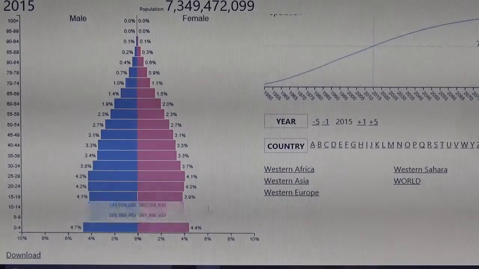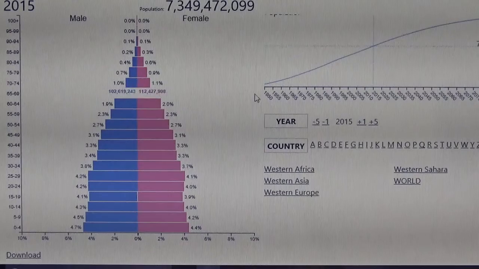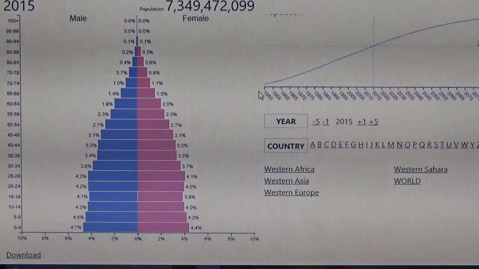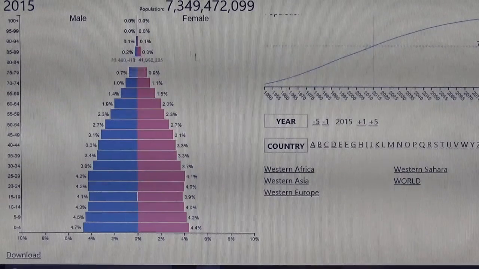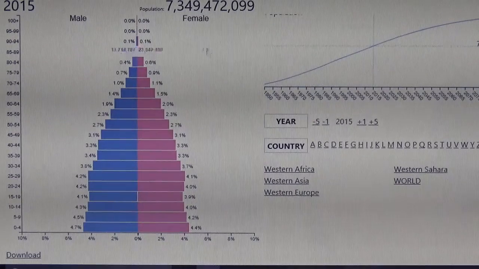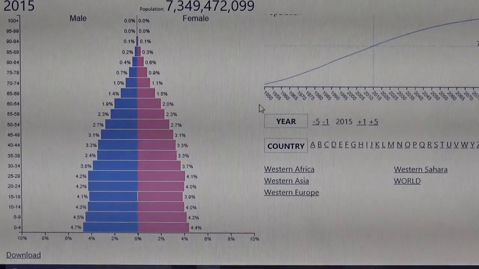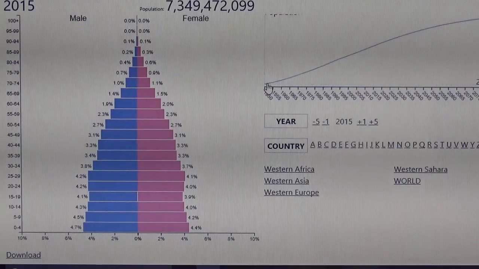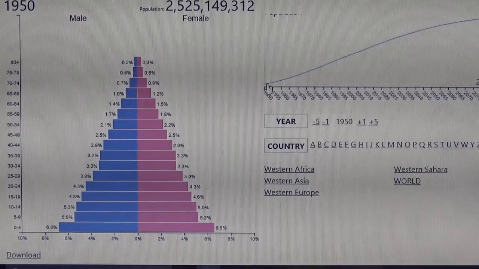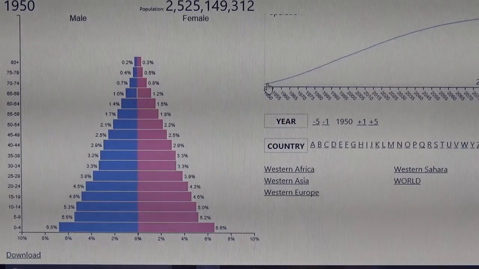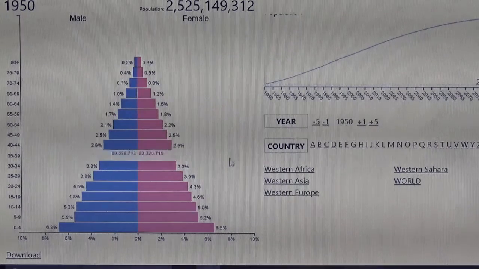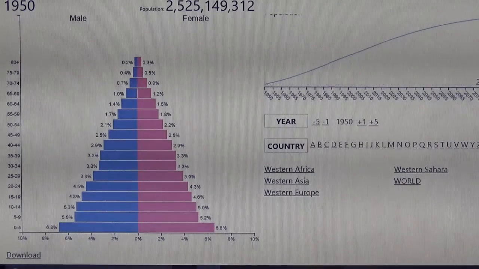For the time being, I'd like to show you how the population structure of the world changed. Here we're looking at the population structure of the world more or less today in the year 2015. But let's go to 1950, when statistics keeping began for the world due to the United Nations, and we can see what the population structure of the world looked like then.